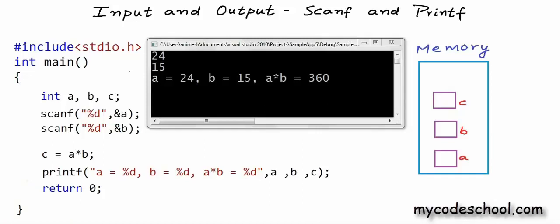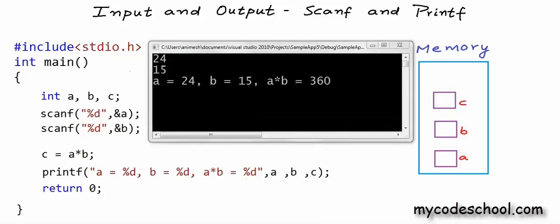So when the control has reached printf, value in a is 24, value in b is 15, and value in c is 360. What has happened here is that when we entered the first number corresponding to the first scanf, this number has been filled in a, and when we entered the second number corresponding to the second scanf, this number has been filled in b.